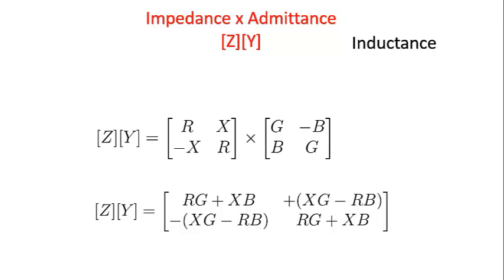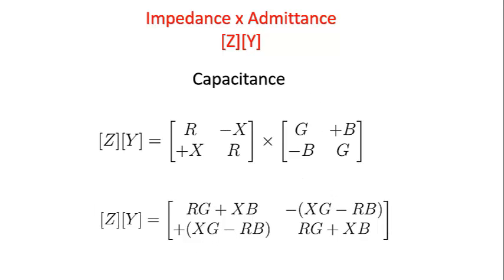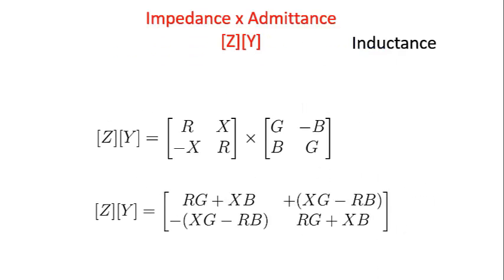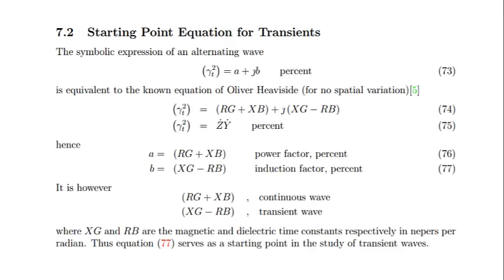And this is the positive J because in modified complex numbers, positive J, which I call positive I, has a positive in the upper right corner and a negative in the lower left corner. And this is exactly what I have derived here, an equation with positive in the upper right corner and negative in the lower left corner. And this is exactly the equation that Eric Dollard attributes to Oliver Heaviside.